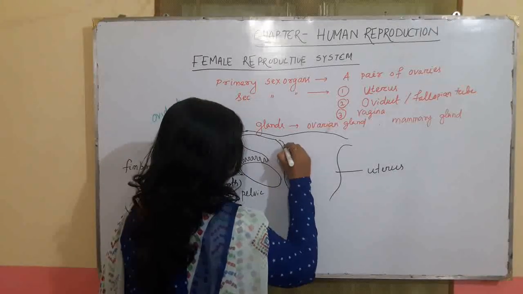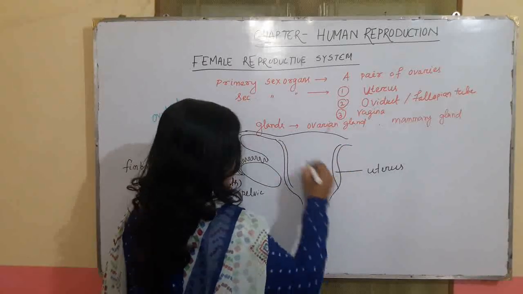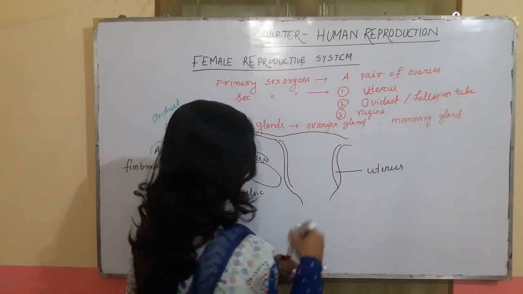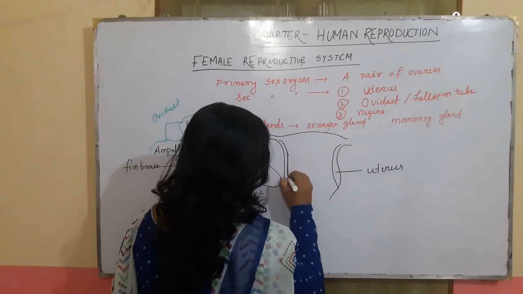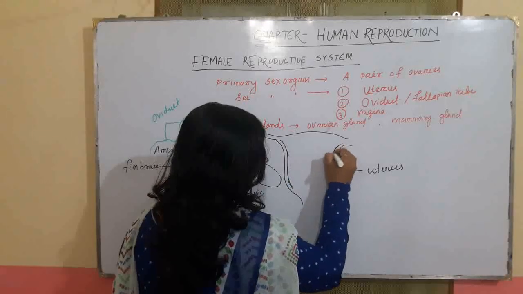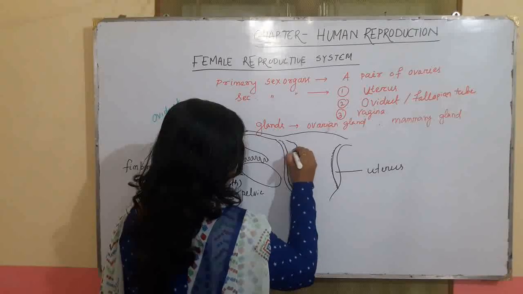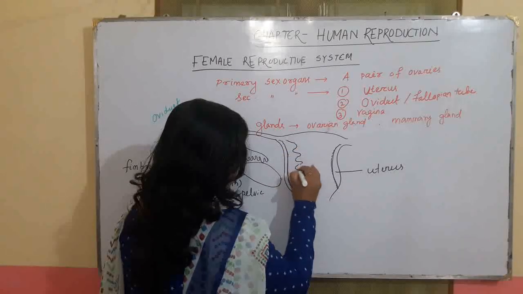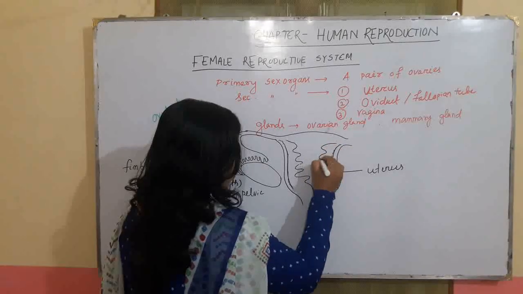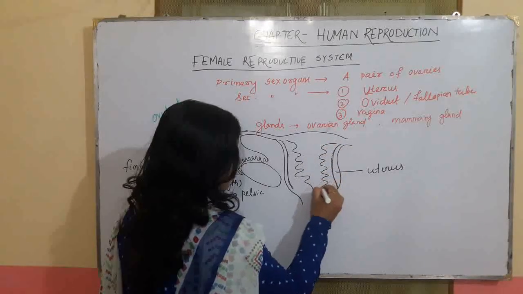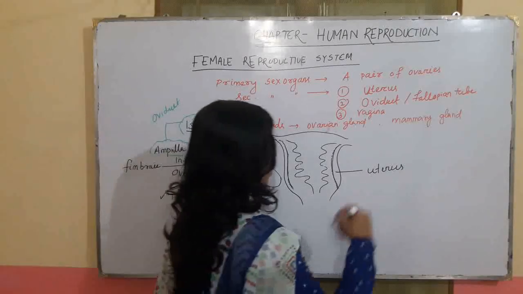The uterus has 3 walls, with structures like this. Let us label them.